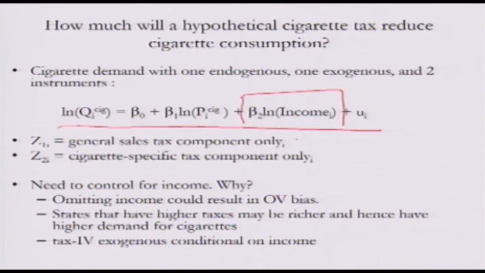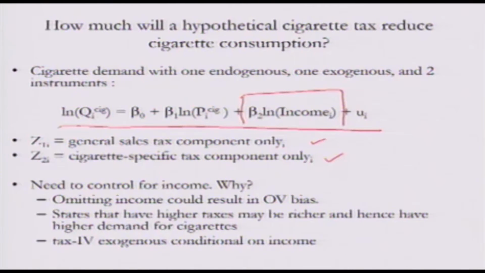The thing that we need to note over here is that, as I said, we are considering the case where we have multiple instruments. So we have Z1I, which is the general sales tax component of prices of cigarettes, and Z2I is the cigarette specific tax component that an individual I faces.